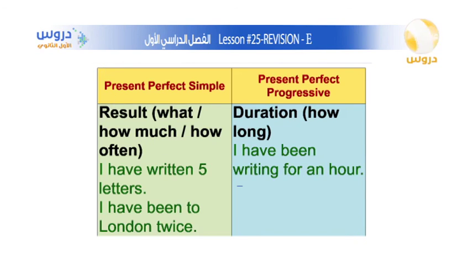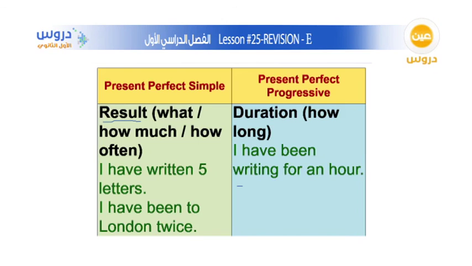Here, you've got the present perfect simple. You are concentrating completely on the results. All right? You've got what, how much, how often. This is the result. For example, I have written 5 letters, results. All right?